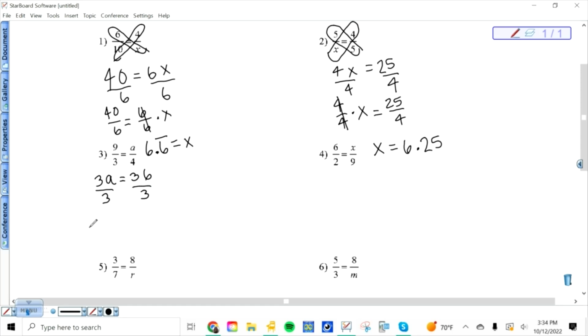Divide by 3. So now I've got 3 over 3 times a equals 36 over 3. What happens to my 3's? Yeah, they become a 1. So now I'm left with just a equals 36 over 3, 12. Good.